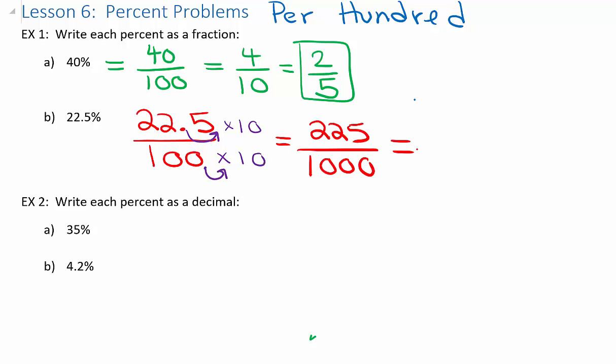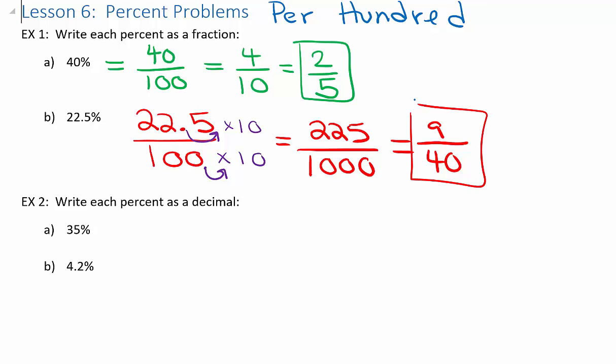So now I have 225 over 1,000, and there's a common factor, I'd say probably a common factor of 25. 225 divided by 25 is 9, and 1,000 divided by 25 is 40. So 22.5% is the same as 9/40.